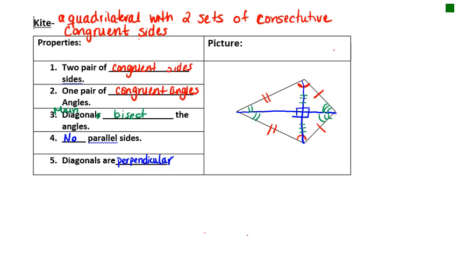Right, so those angles are congruent. Okay, it has split it into equal pieces. All right, and only the main diagonal does that. The cross diagonal does not necessarily split its angles into congruent pieces.